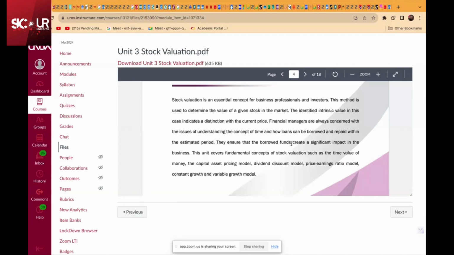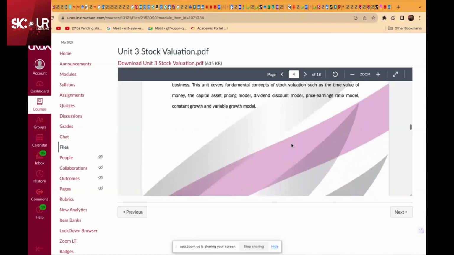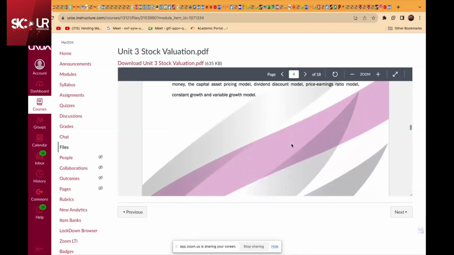Financial managers are always concerned with understanding the concept of time and how a loan can be borrowed and repaid within the estimated period, and so they ensure that the borrowed funds create a significant impact in the business. We will cover the fundamental concepts of share valuation, such as the time value of money, the capital asset pricing model, the dividend discount model, and the price earning ratio model.